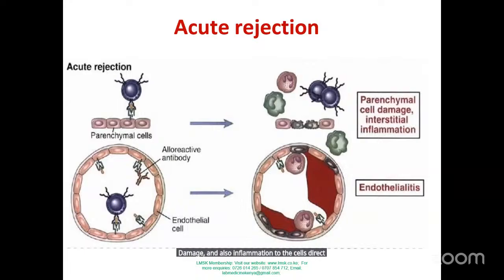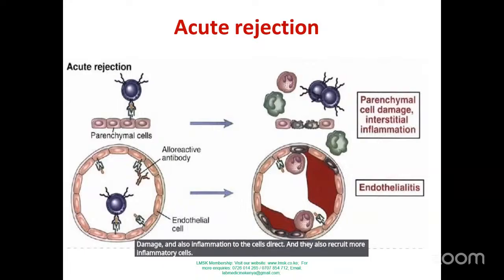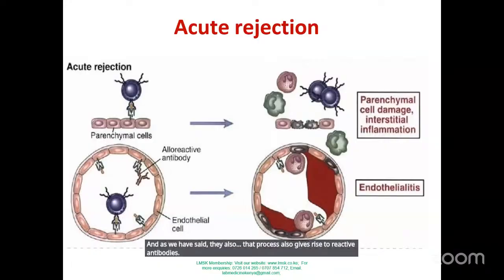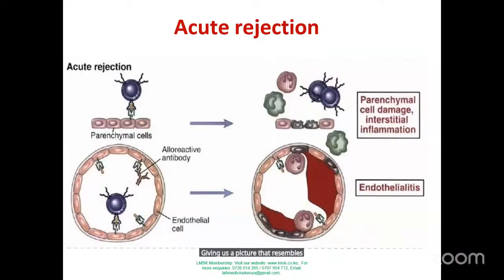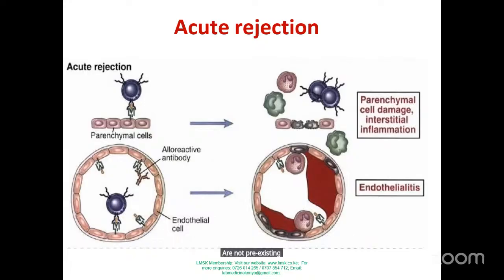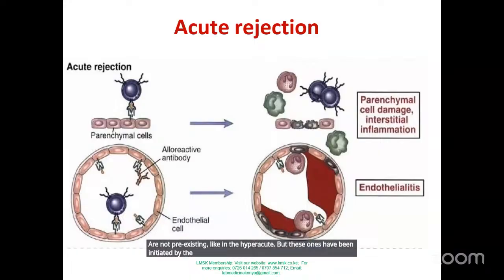They also recruit more inflammatory cells like macrophages to the site. And as we have said, that process also gives rise to alloreactive antibodies, giving us a picture that resembles hyperacute rejection. The only difference is that the antibodies produced in the acute phase are not pre-existing, like in the hyperacute, but have been initiated by the immune response.